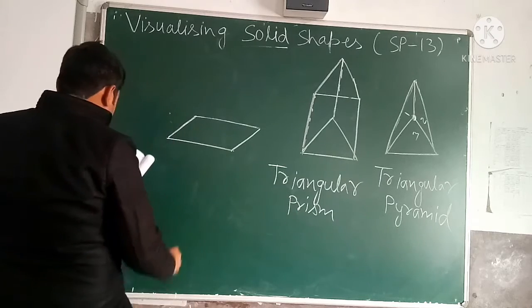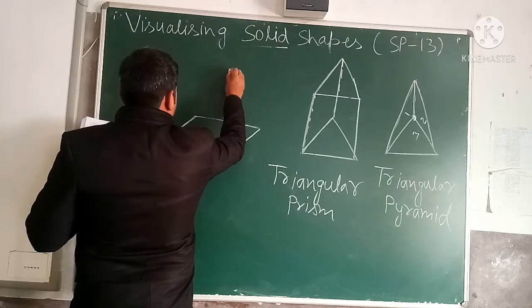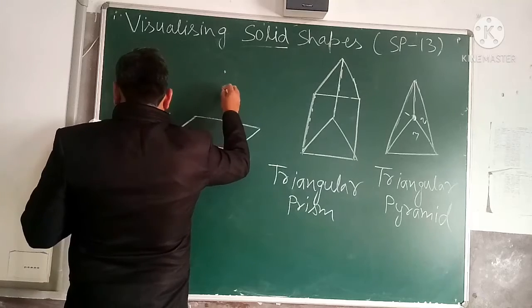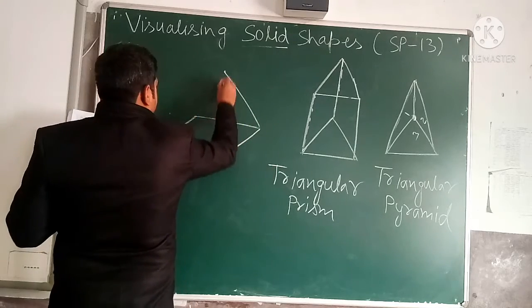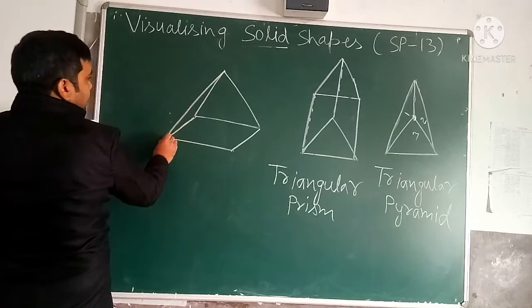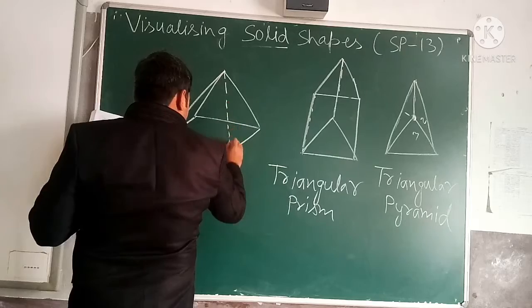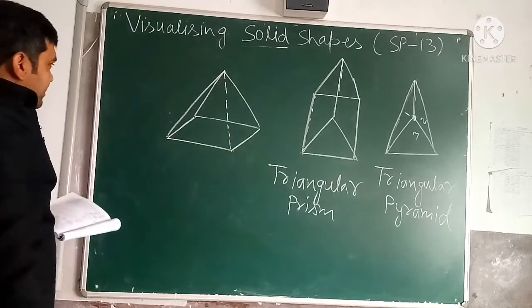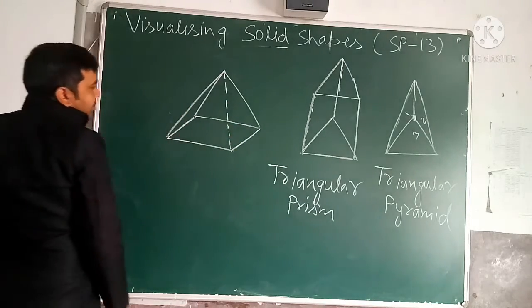One is considered here. Here is taken as the vertex, and that one is drawn here. Another one is drawn here. Another one is drawn here. And this one is drawn at the top. Now you can see this is a rectangular pyramid.